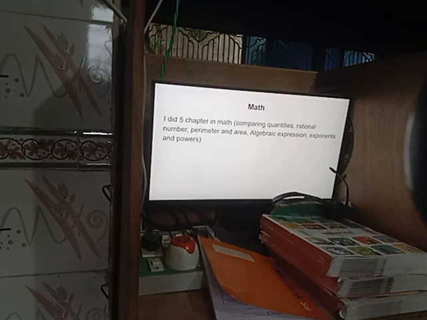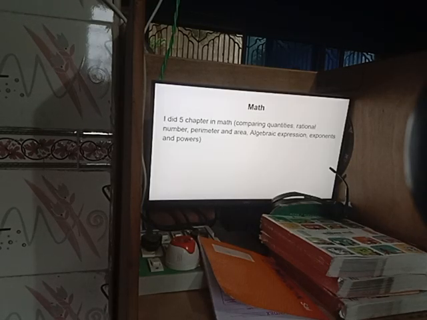Like term: when the terms have the same algebraic factor, it is known as a like term, and when they have different algebraic factors, then it's known as an unlike term. Monomial: an algebraic expression which contains only one term is called a monomial. Binomial: if there are two terms, then it's called a binomial. Trinomial: if there are three terms, then it's called a trinomial.